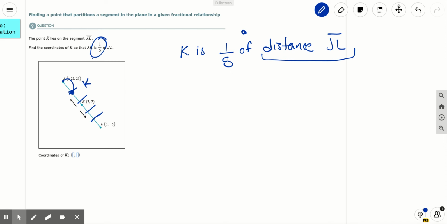Multiplication. So 1/5 means we're going to multiply the distance by 1/5 to get the size of this. Okay, this is going to be the size of that space. Okay, so the distance, actually, the easiest way to do this is to find the distance between, hang on.